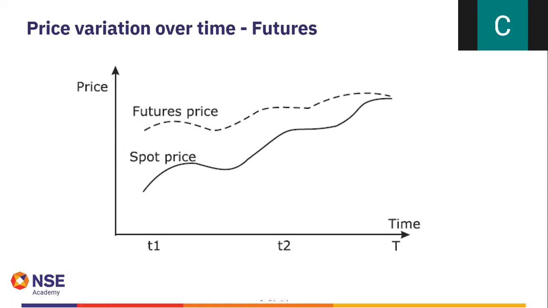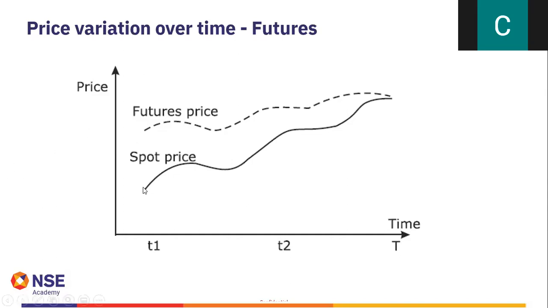No, we'll go one by one, sir. When you are selling a futures contract, you will be making money when the price falls. Correct? Yes. When you buy future, you will make money when the price increases. When you sell future, that's okay. I'm asking how we will get.